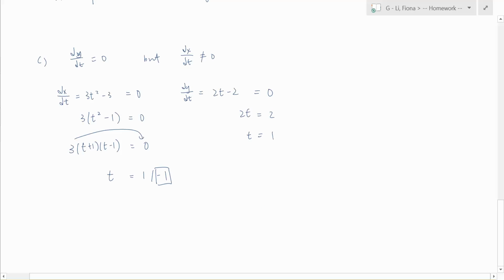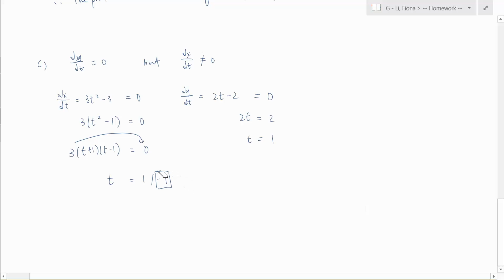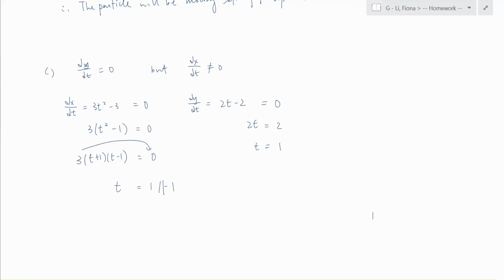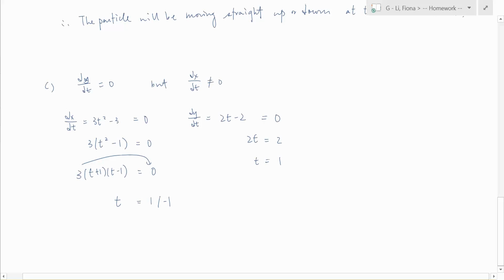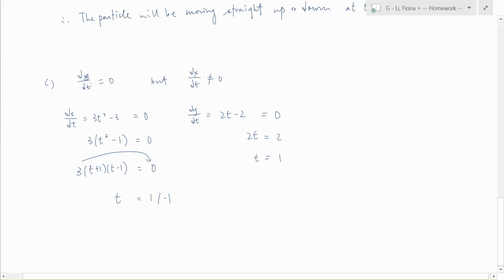Alright, so let's analyze the results again. On the x direction, the rate of change is equal to 0 when time is equal to 1 or -1. And on the y direction, it is t equals 1. So from what we can see, none of the times can fulfill our requirement of dy/dt equal to 0, but not for the x direction.